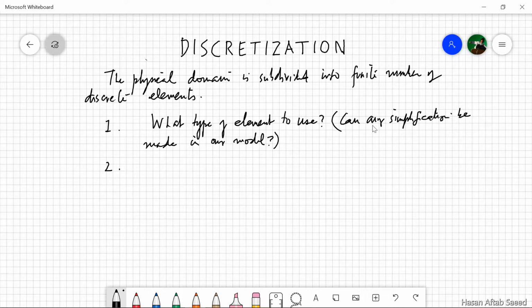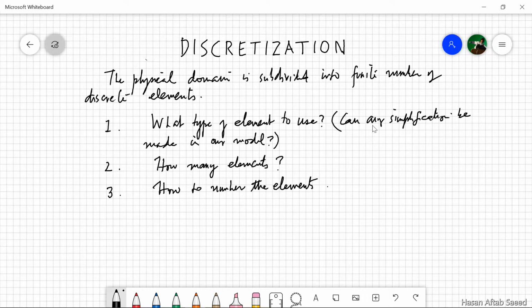Now, once this is decided, the next question will be how many elements? And the third one, how to number the elements and the nodes. Now, this could have bearing on the efficiency of our scheme.